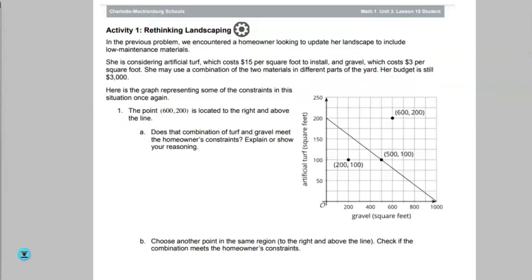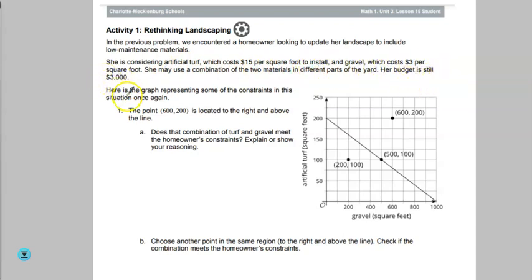Look at activity 1. So in the previous problem, we encountered the homeowner looking to update her landscaping to include low maintenance materials. She is considering AstroTurf at $15 per square foot, gravel $3 per square foot, and she may use a combination of the two materials in different parts of her yard.